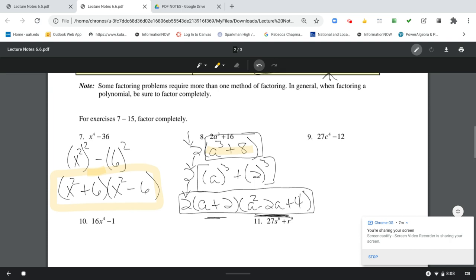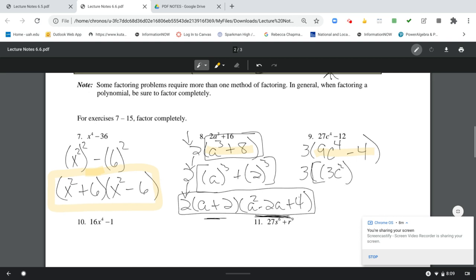So the last one that we're going to do is number 9. You can see that c to the 4th, that would be a difference of squares. It cannot be a cube because the exponent 4 is not divisible by 3. So I do have a common factor, which is 3. That leaves me with 9c to the 4th minus 4. Since I am going to try to factor this as a difference of squares, that would be 3c squared squared minus 2 squared.